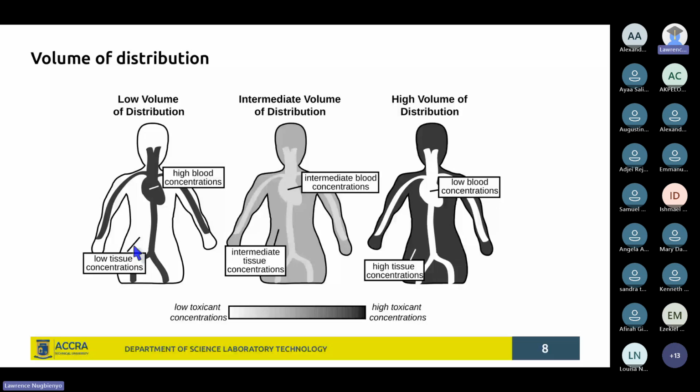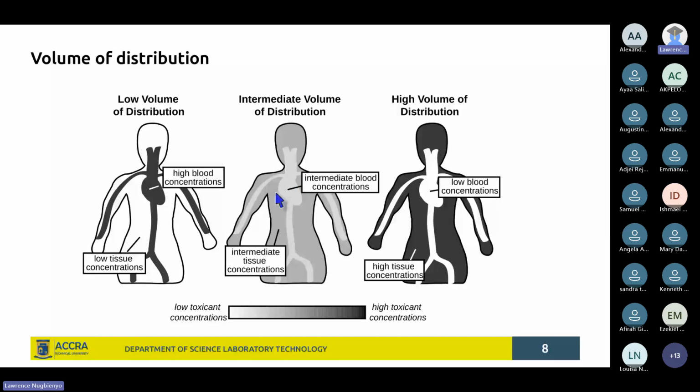You can have an intermediate volume of distribution, where on average, say around 50% of the substance has affinity for blood proteins, and so stays in the cardiovascular system, still in the bloodstream.